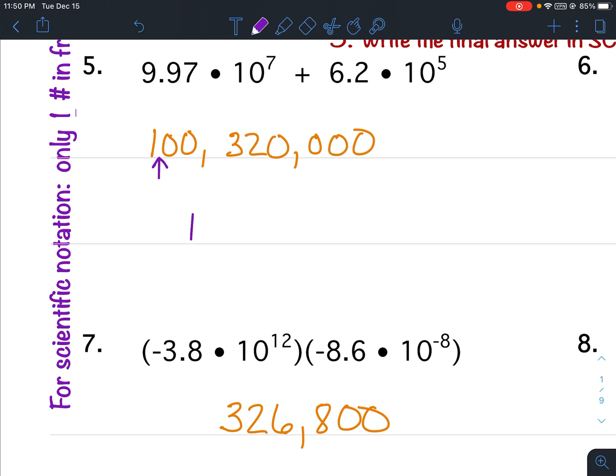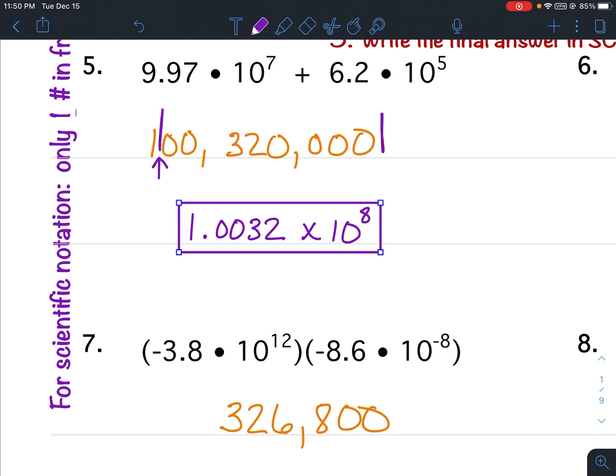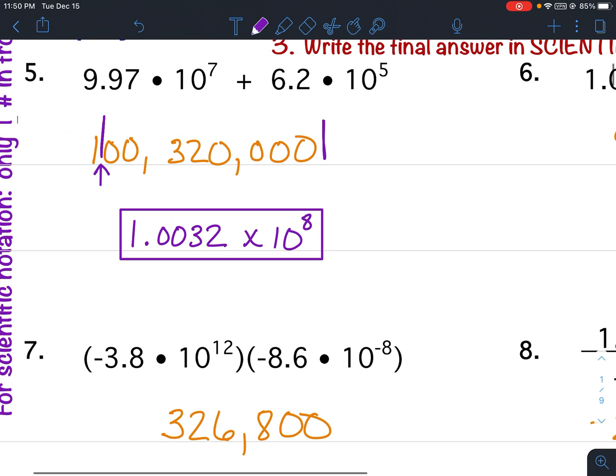So 1.0032. You need from your first non-zero to the last non-zero. Times 10 to the... The decimal was down here at the end, and it's moving to right there. So that's 8. So 1.0032 times 10 to the 8th.